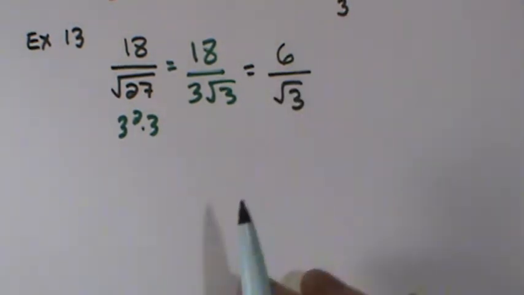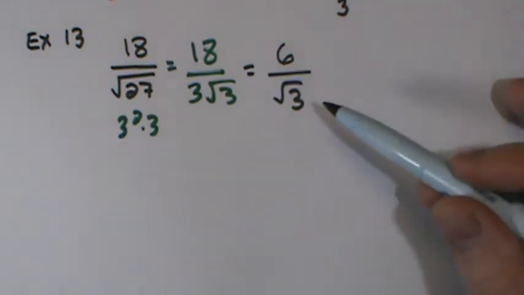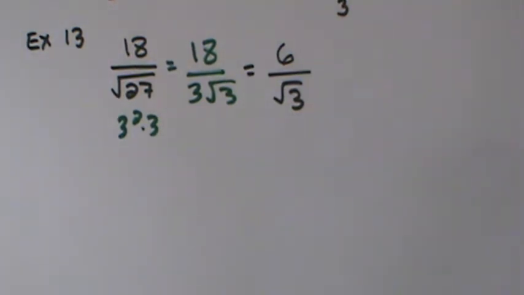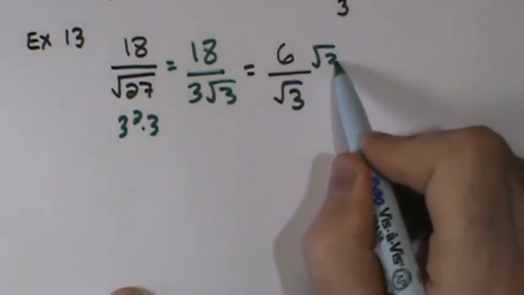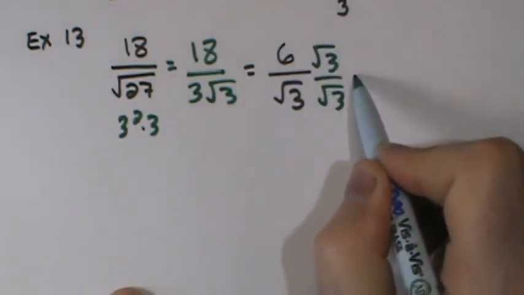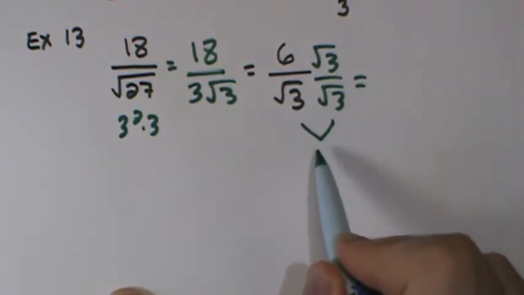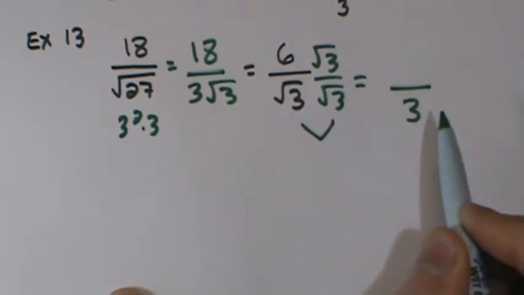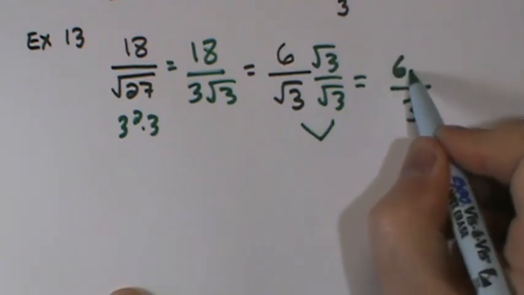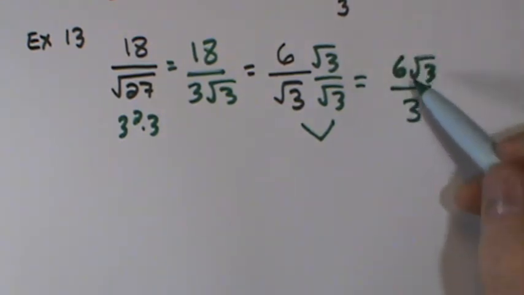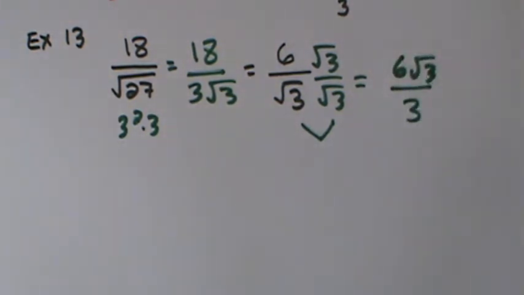With this scenario, I'm not allowed to have the radical on the bottom, so I'll multiply top and bottom by rad 3. As you multiply the bottom by rad 3 times rad 3 would just be a regular 3. Upstairs we'll have 6 rad 3, and we have to inspect that to see if we have the opportunity to cancel or reduce.